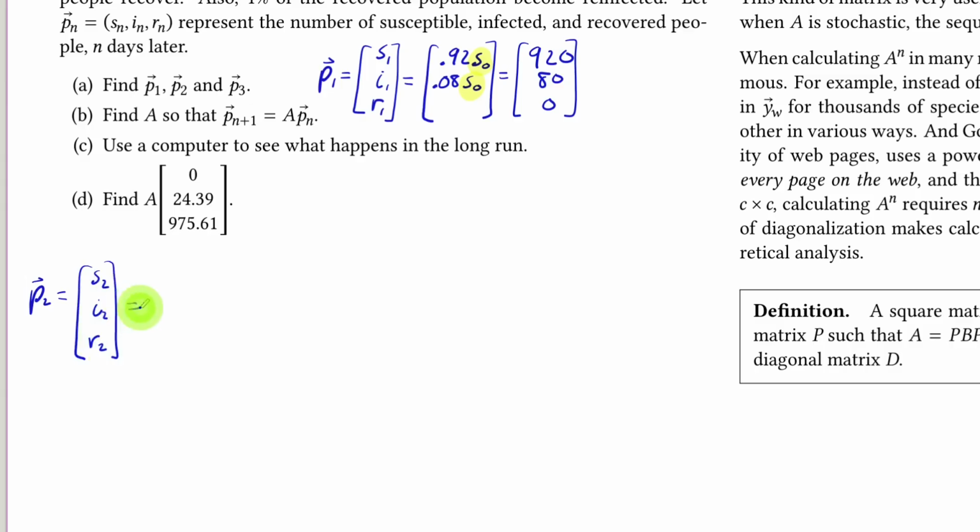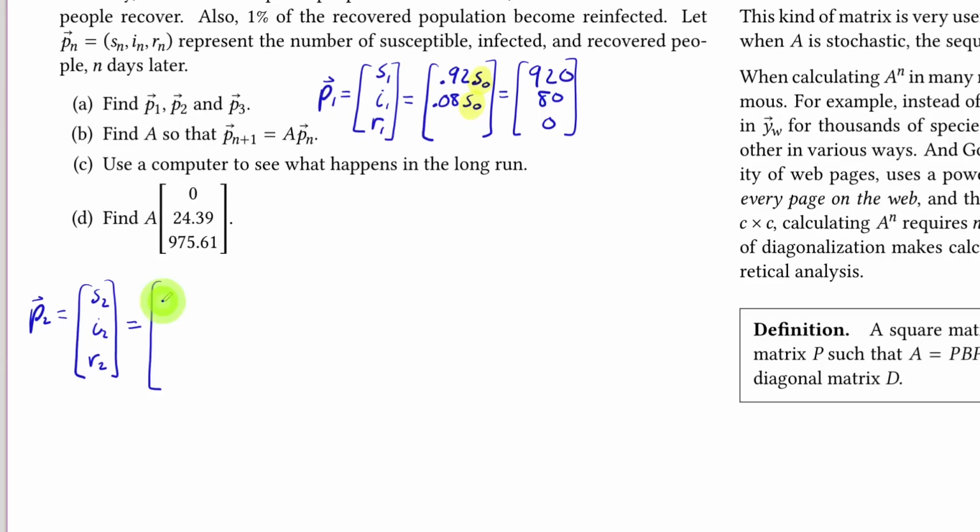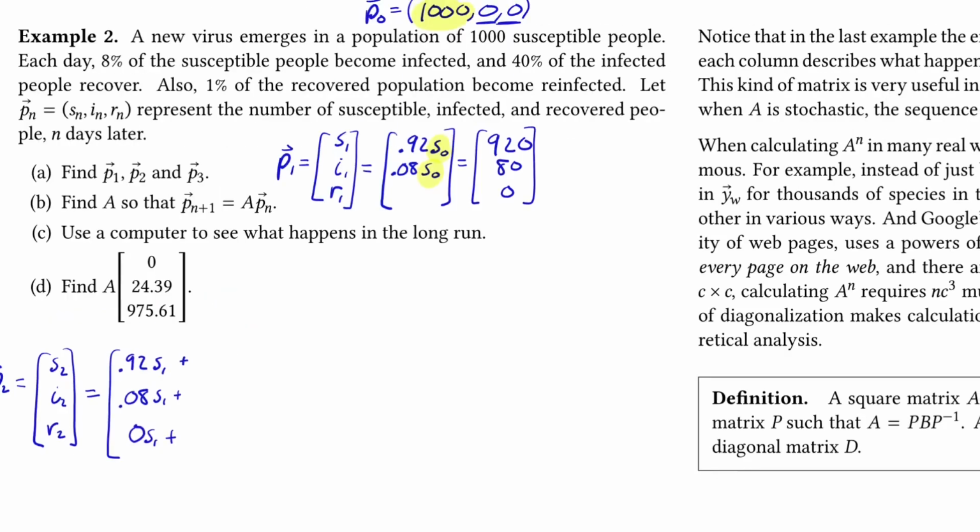So after 2 days of this virus going around, well, first let's think about the susceptible people from the previous day. There were 920 of them. 92% of them are still susceptible people. 8% of them are currently infected, and nobody can go straight from being susceptible to recovered, so there's going to be a 0 here. Now let's think about what happens to the 80 people who were infected yesterday.